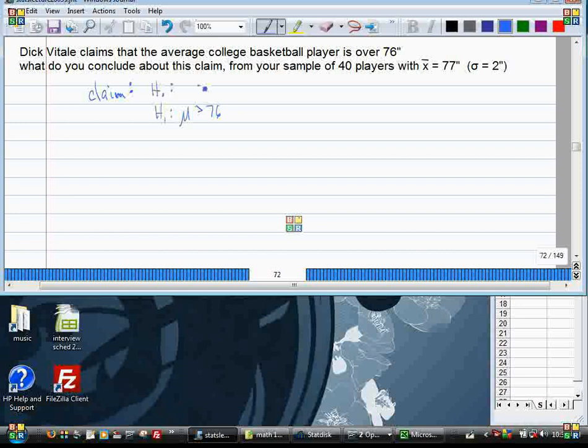Now you can see why we always use equals for H0. It makes things a little bit easier. So H0 is going to be mu equals 76. So far this is just notation. In this case, H1 will be greater. But we write down both.